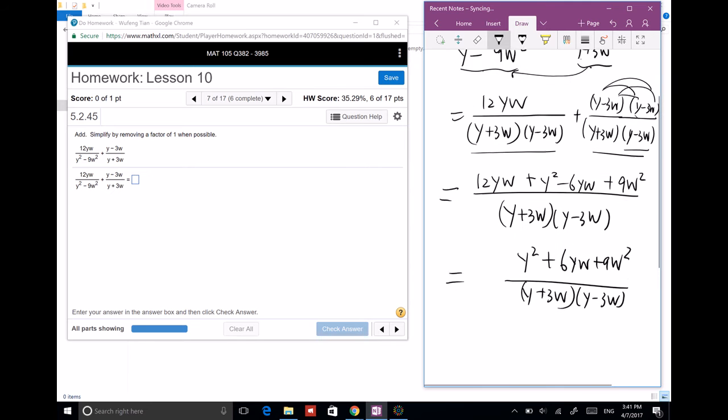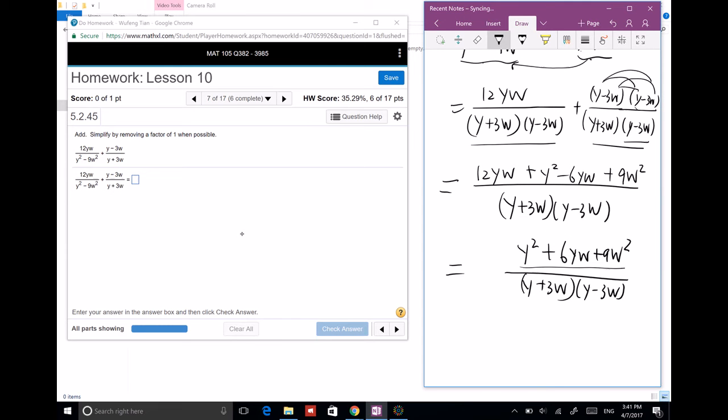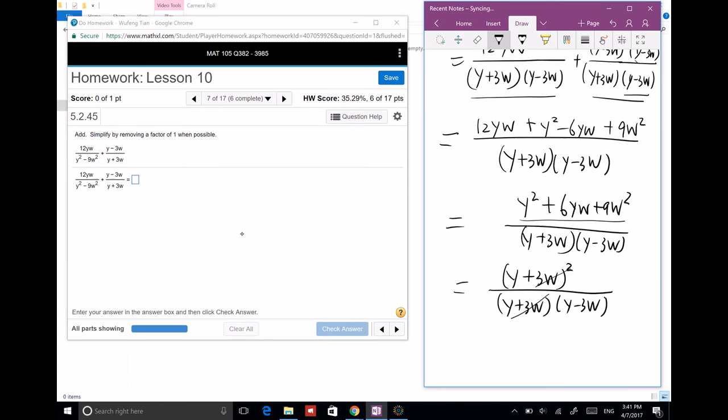The question is, can we continue? Can we simplify more? Yes, we can. We can factor that as y plus 3w squared, and the bottom is y plus 3w and y minus 3w. So now we do have a common factor. You can reduce it, and then the second power becomes first power.